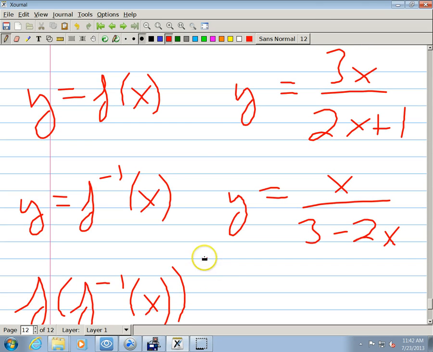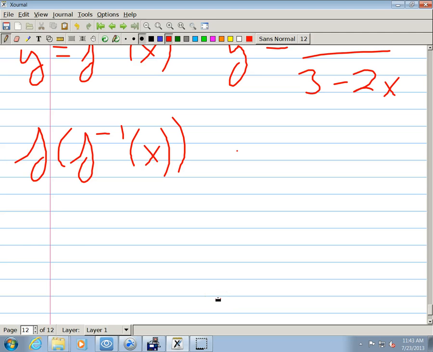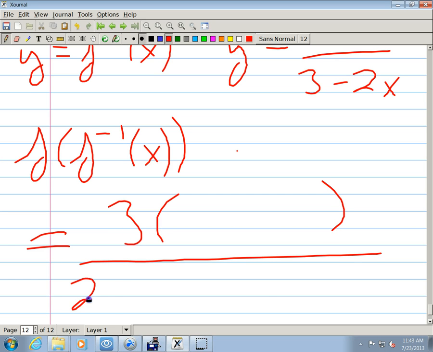How do you compose these two functions? F of f inverse means take f inverse and plug it into f. Okay, so that's what I'm going to do. F is 3 times stuff over 2 times stuff plus 1.